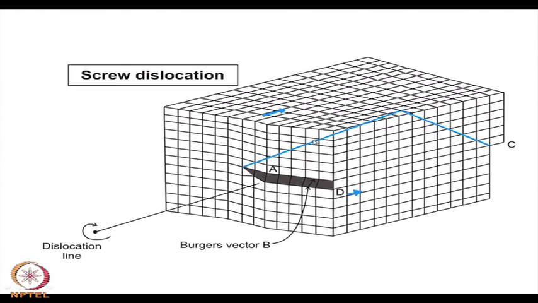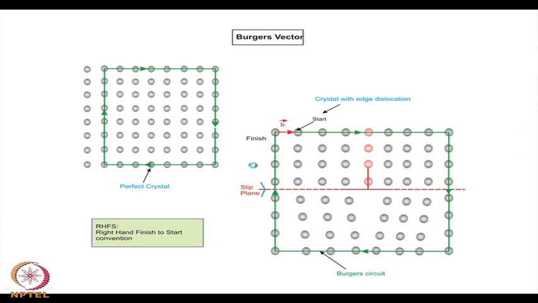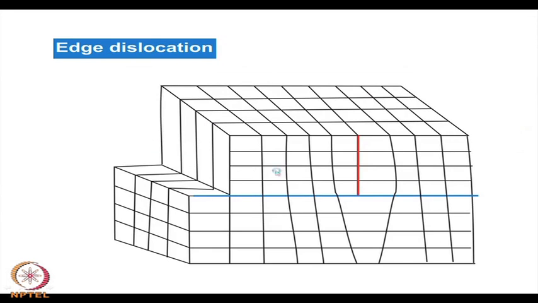The boundary is along the direction of application of the mechanical stress or shear stress. Earlier we have seen the boundary is perpendicular to the direction of the slip, or the direction of application of the stress.